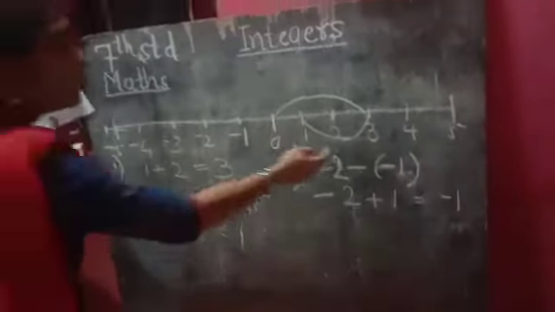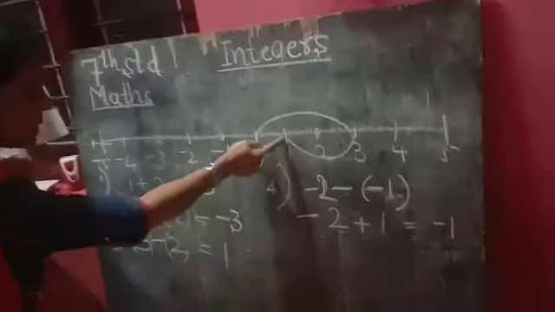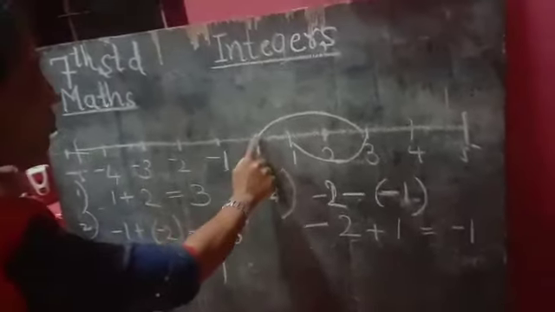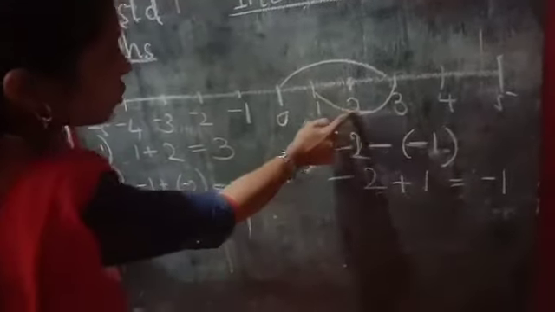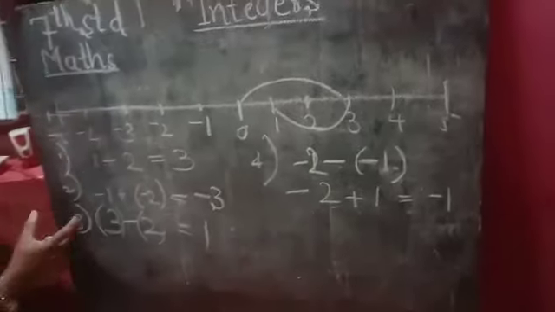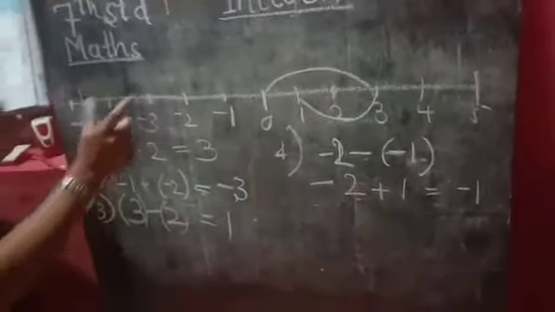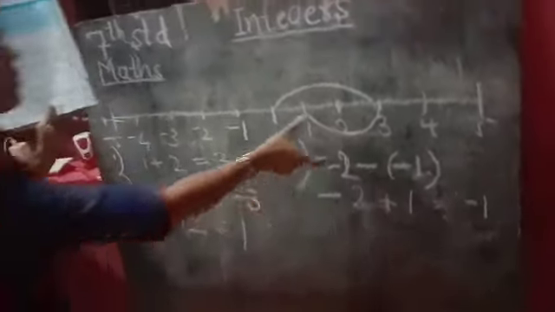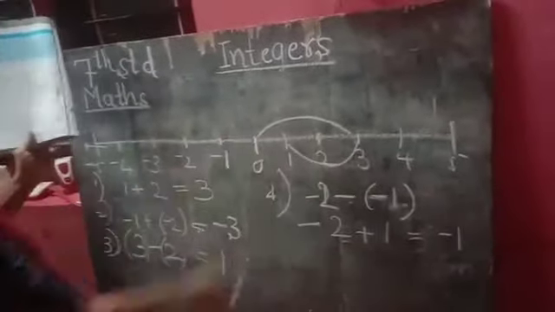So while subtraction, we have to come back. So answer is 1. Clearly you can see here, 3 minus 2. So we are moving to the left side. So when on a number line we subtract a positive integer, we move to the left.